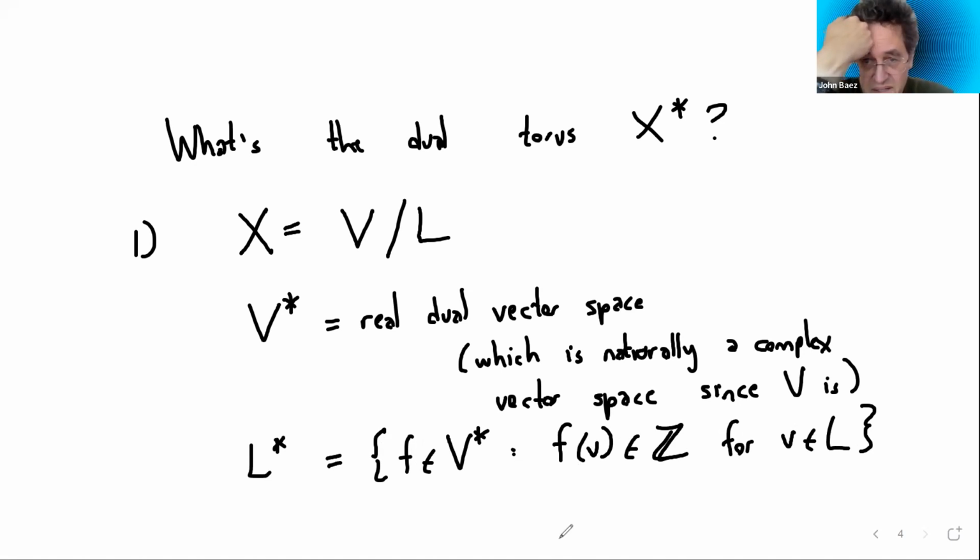So these are the integral linear functionals in some sense. So there's a pairing between V and V star that gives you real numbers, and there's a pairing that restricts to a pairing between L and L star that gives you integers.